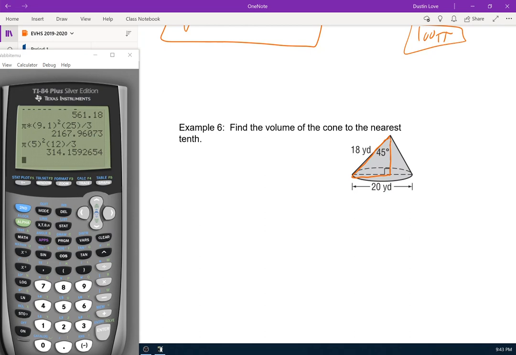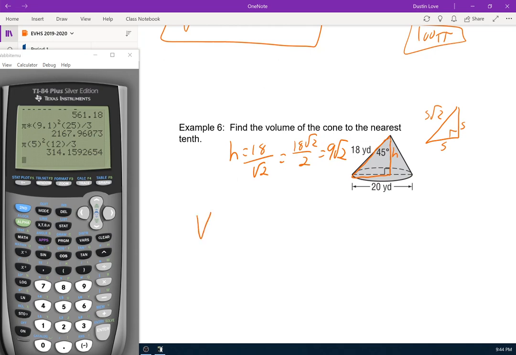Now we're going to have to utilize our 45, 45, 90 right triangle here, where we have S, S, and S root 2, which means that my height here, H, is going to be 18 divided by square root of 2. Now, in most cases, I would need to convert that. Actually, I'm going to go ahead and do that, rationalize it. 18 root 2 over 2, which is 9 root 2.